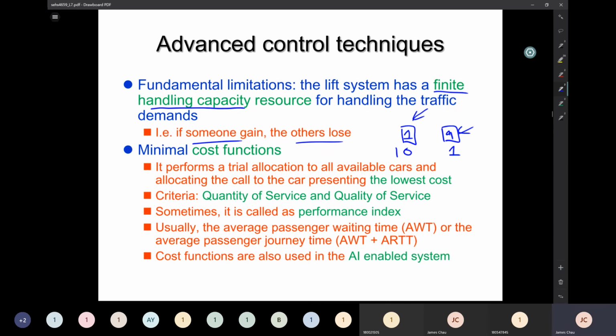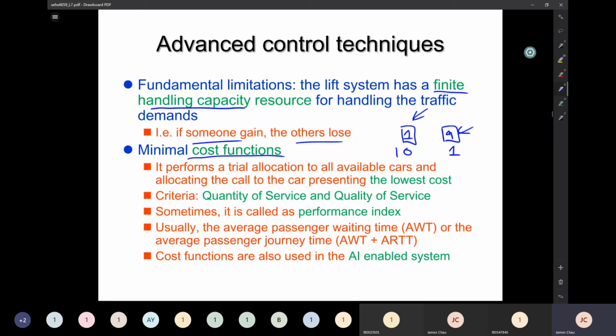Now, in order to help our design, normally we will generate a cost function. And our target is to minimize the cost function in order to achieve a good algorithm to serve the passengers. Now, how can we develop the cost function?